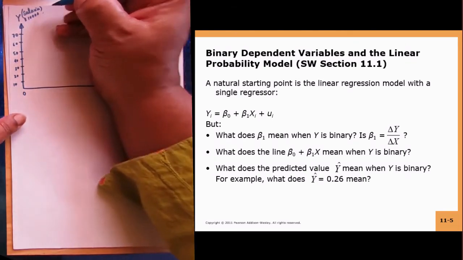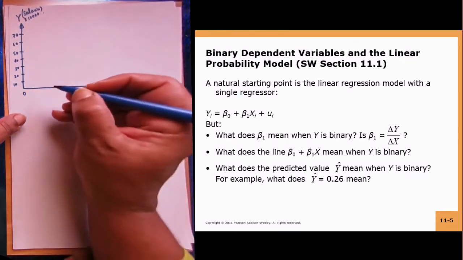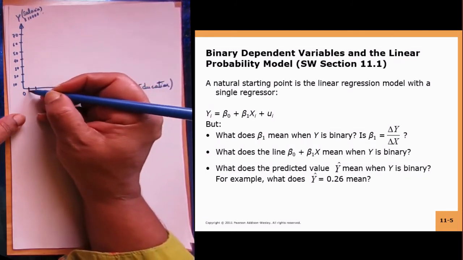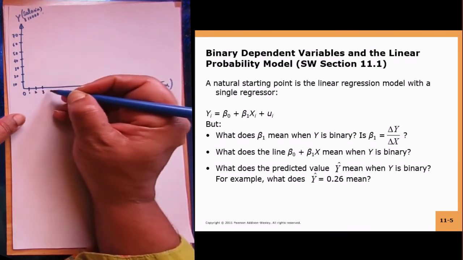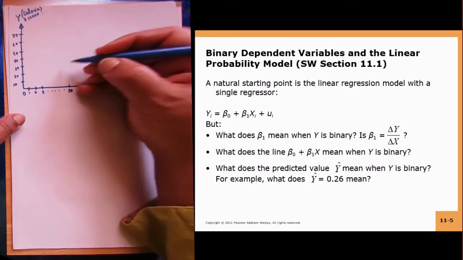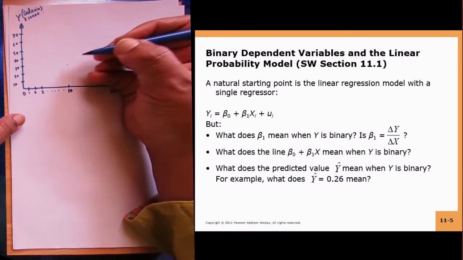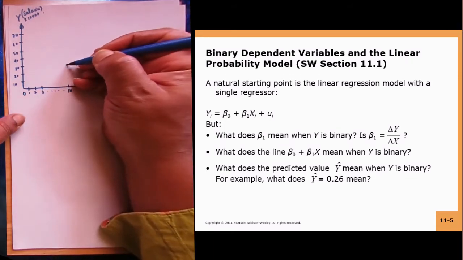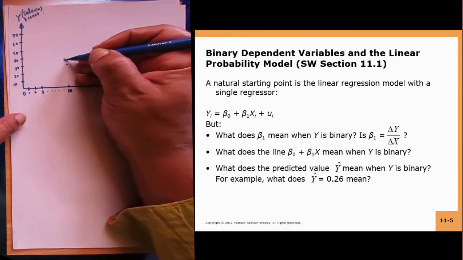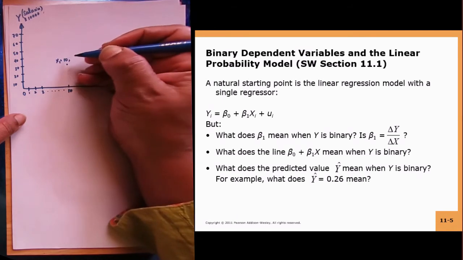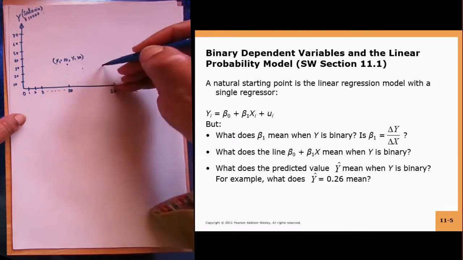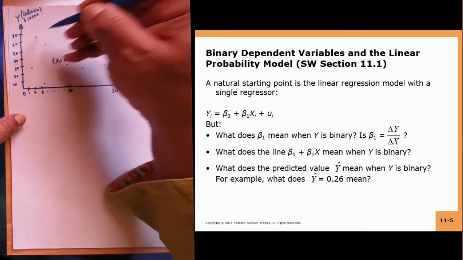You have an individual who has 10 years of education and is making something like $30,000. So this is one data point: x equals 10 and y equals 30. Similarly, you can have many other data points like this.